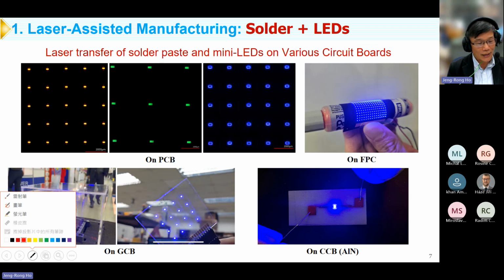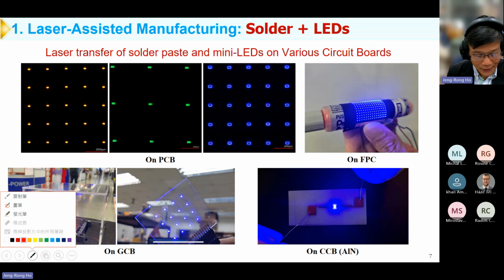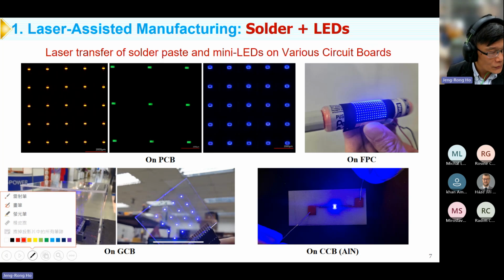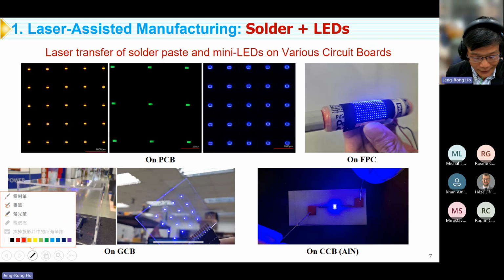Here we use aluminum nitride, and because aluminum nitride has very excellent heat conductivity, it can dissipate heat quickly. So it should be one of the potential substrates for LEDs.